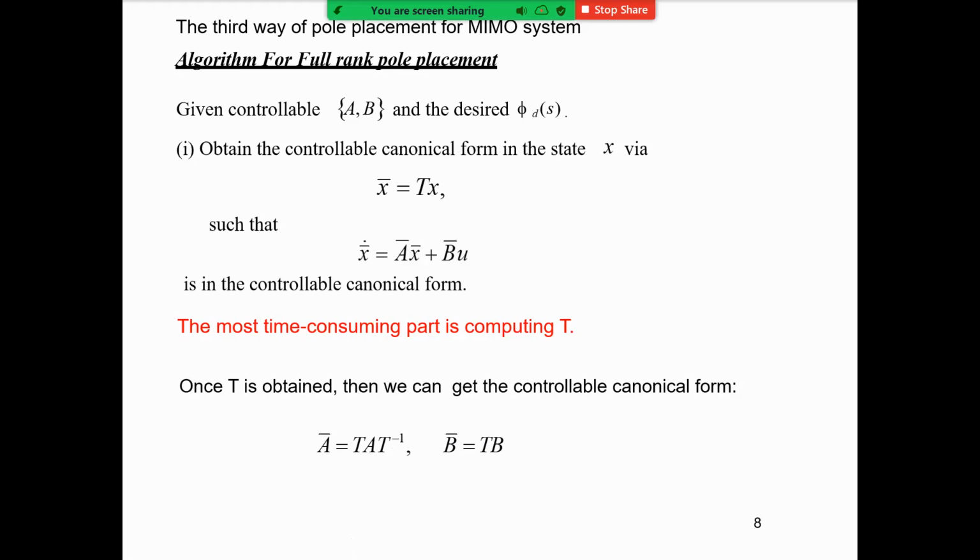Then for those rows, the corresponding rows in the control matrix B bar should be 0, which means the control input cannot affect those trivial rows. So that's an easy way to check. I suggest you check your A bar and B bar. If those trivial rows cannot match, it means something is wrong with your T.